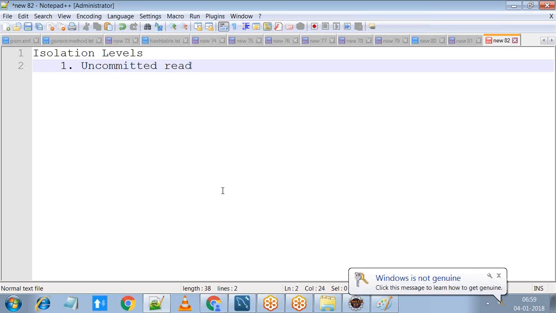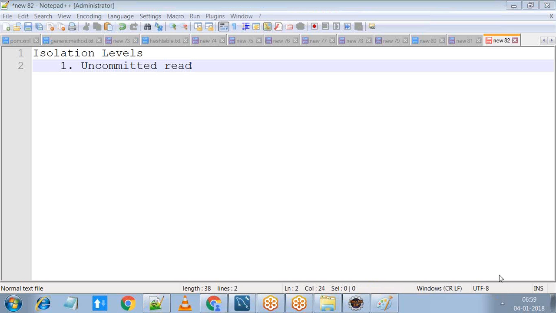So what is this isolation level, uncommitted read? You'll find that it is actually related to locks, I can say, database locks. What it does basically, we can set this isolation level on the database side.